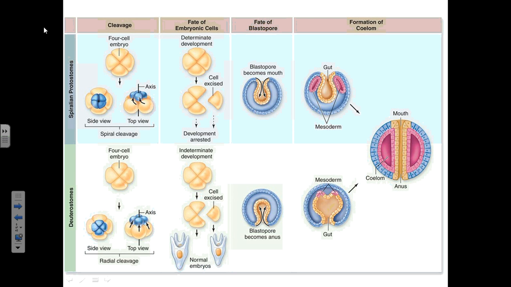Up top, let's talk about protostomes first. The protostomes, their type of cleavage is said to be determinate. They have what's called determinate cleavage. So very early on in their embryonic development pattern, what's already been determined about the cells?